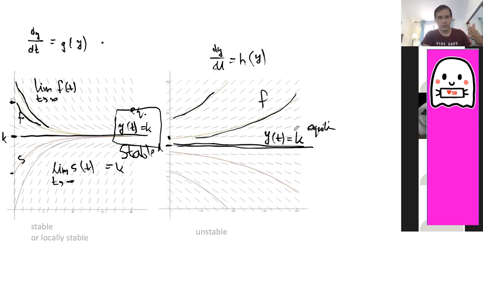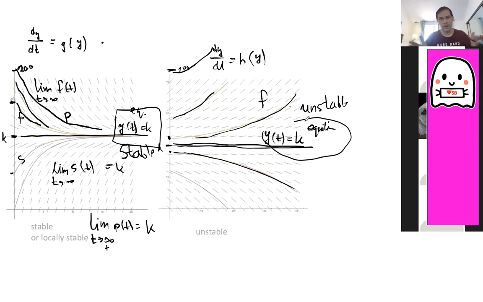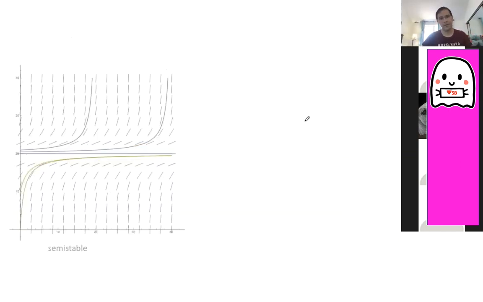It will happen exactly the same when you start with an initial condition that's a little bit below the constant k. The function will never be approaching this equilibrium solution. So in a way, this is the opposite situation. And when we have this case, then this equilibrium solution will be classified as not stable, or sometimes we'll just say unstable.